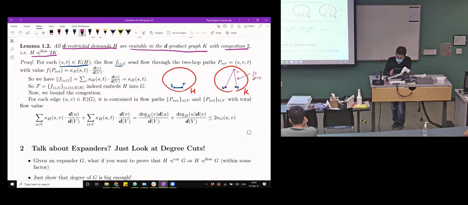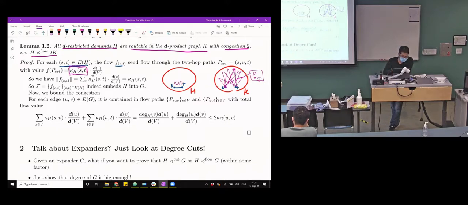For each of these paths, how much flow should I send along it? I'm going to distribute it in a very natural way. First of all, the value of flow on all of these should sum up to the value of the demand from S to T, which is defined by the graph H. That's the first thing we need to do.